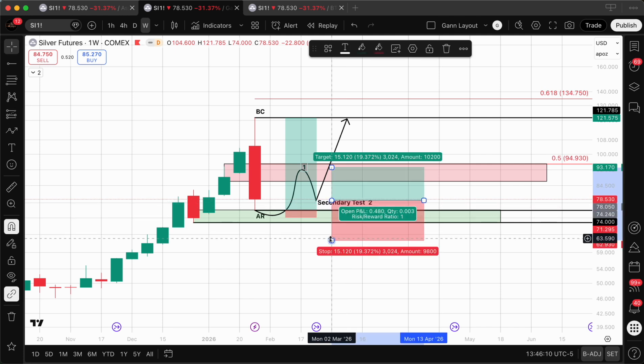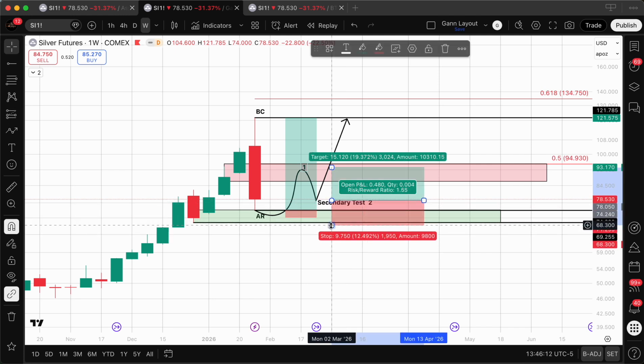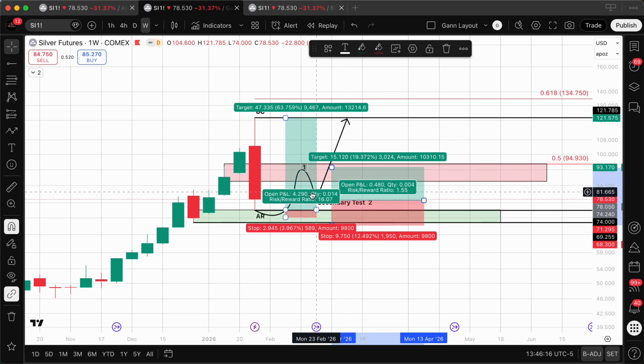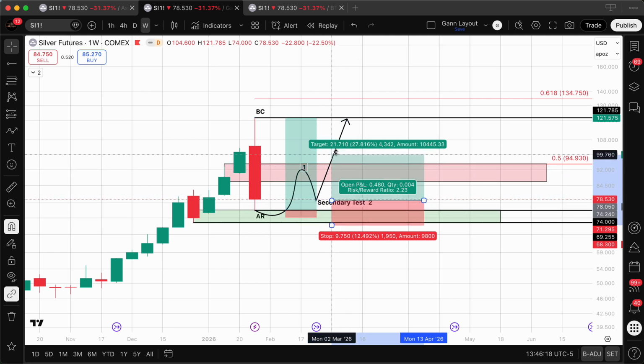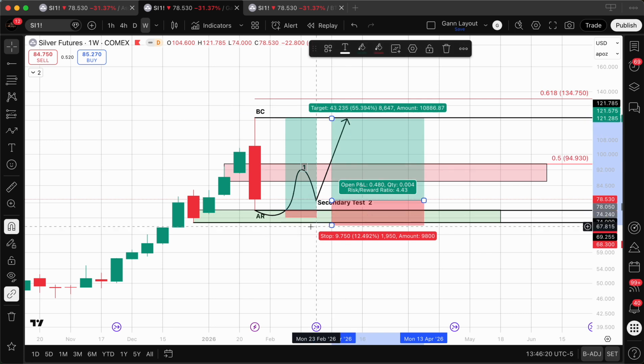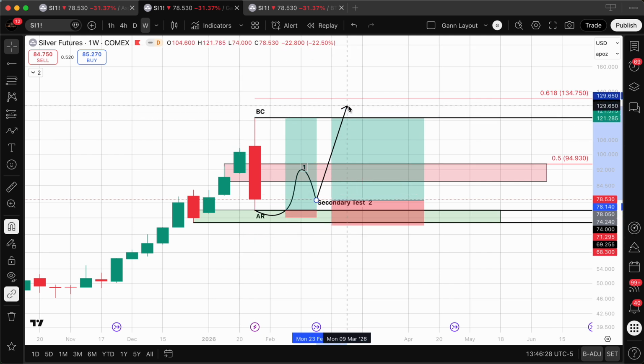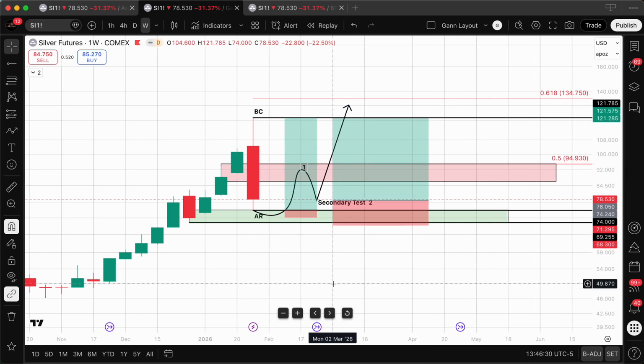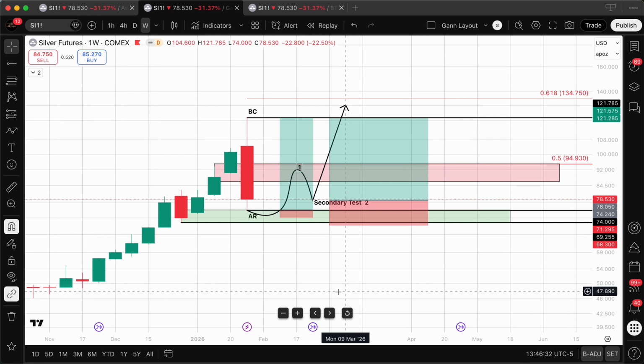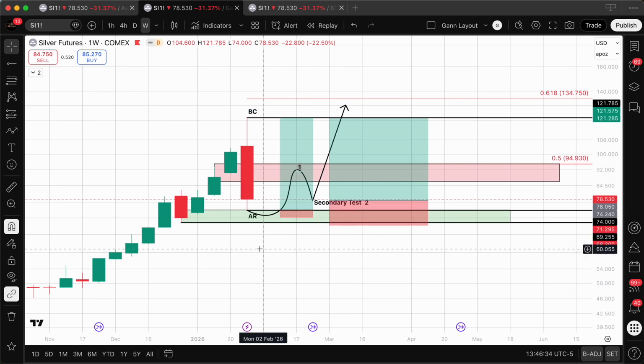But it is another possibility, another opportunity to enter a long trade based on this secondary test. And if the secondary test is successful, then I believe we are going to the range high to retest the range high.